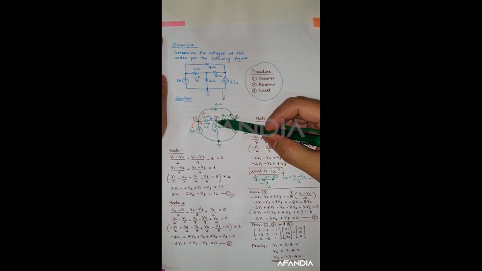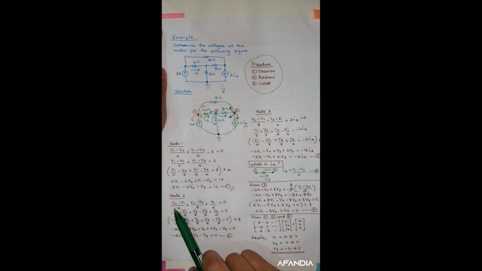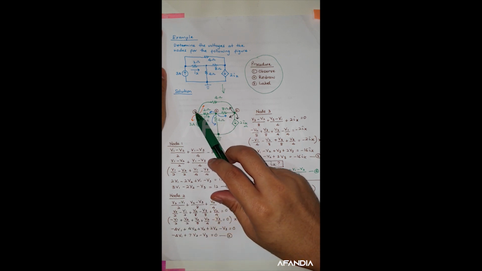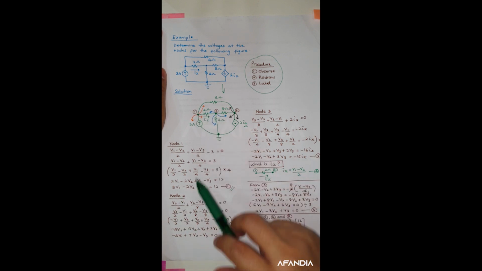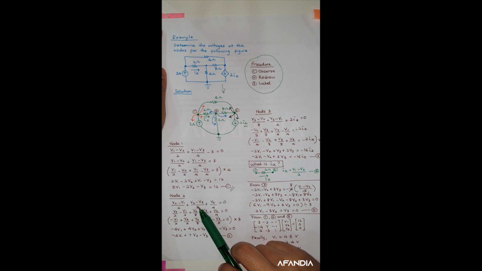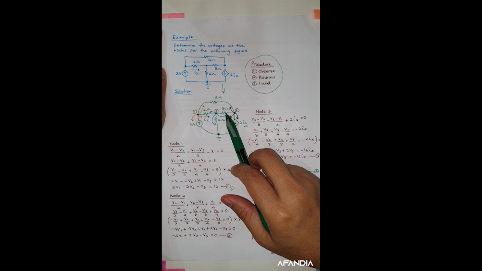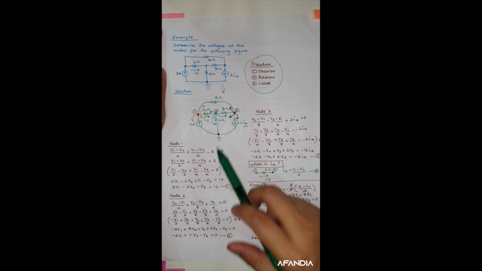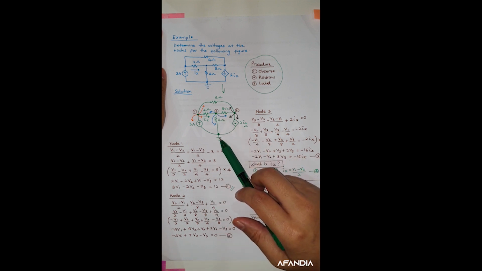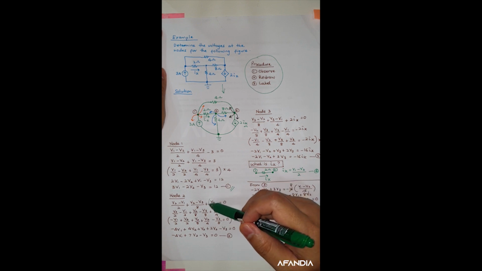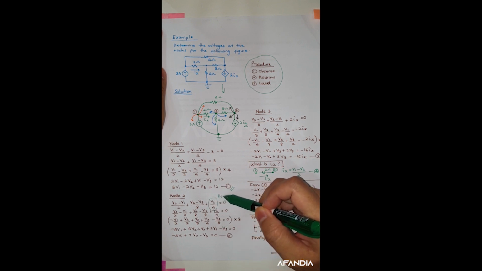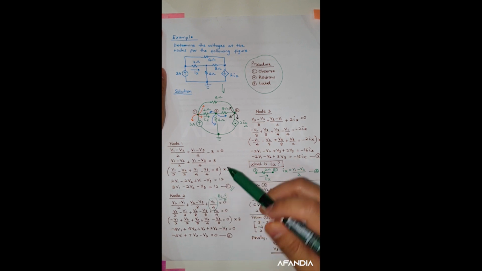For node 2 here, we apply the same concept. So we have three different currents: V2 minus V1 divided by 2, plus V2 minus V3 divided by 8, plus V2 minus 0 divided by 4.